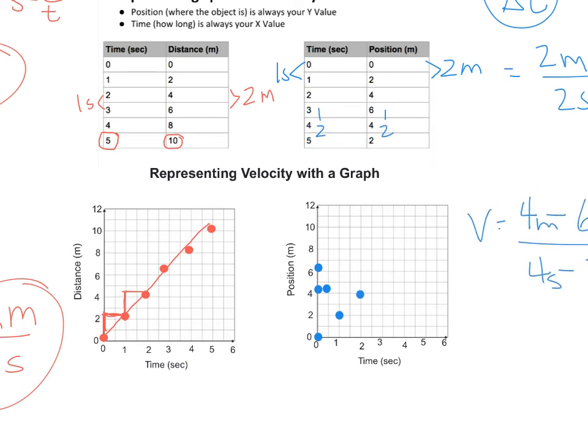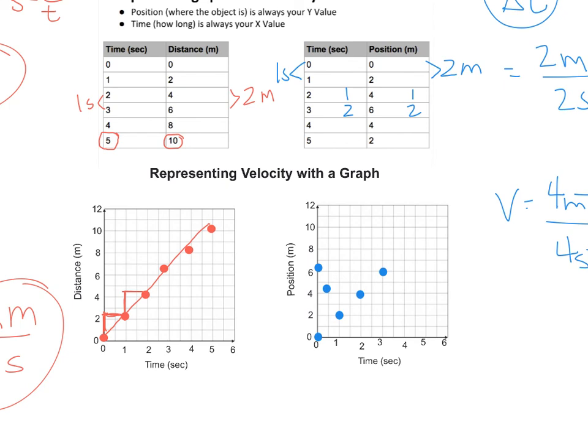At 3 seconds, we're at a position of 6 meters. At 4 seconds, we're back to a position of 4 meters. And at 5 seconds, we're back to a position of 2 meters. So instead of a nice straight line, we have this V shape.